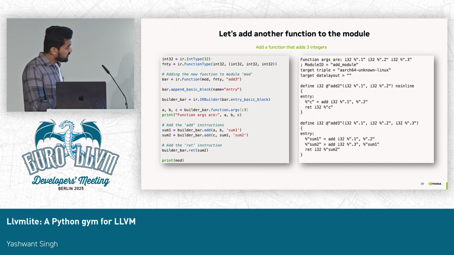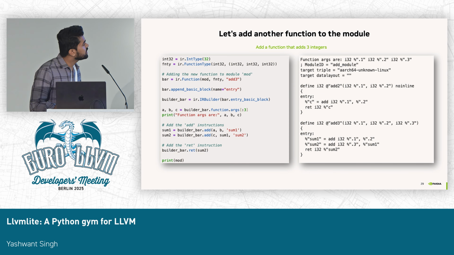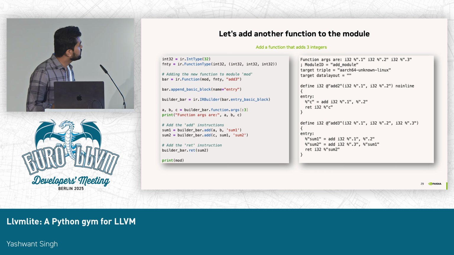Yeah, so as you can see, now we have 2 functions in the module. This add2 is the older function, and now we have the add3 function as well, which takes 3 parameters of type i32 and returns their sum. We have 2 add instructions, which we added over here, add1 and add2, and then we have the return instruction, which we added over here.